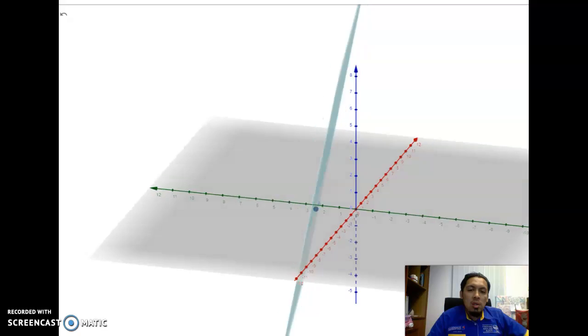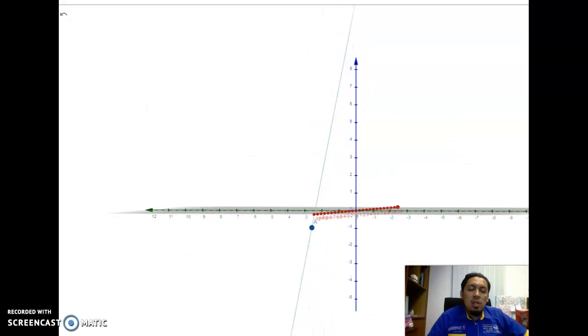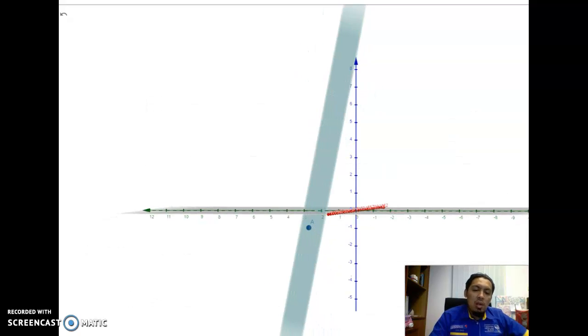Different ways, as long as this coordinate is seated on that plane, it is considered a plane for that. So how do we actually know which plane we are going to look at?